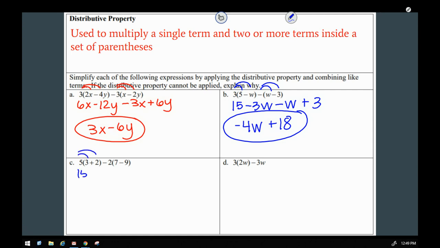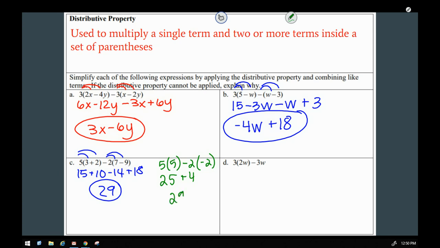So if I was, I would do 15 plus 10 minus 14 plus 18, which I hope gives you 29, because that's what I got. If I worked it the other way, that would be 5 times 5 minus 2 times -2. 25 plus 4 still gives you 29.